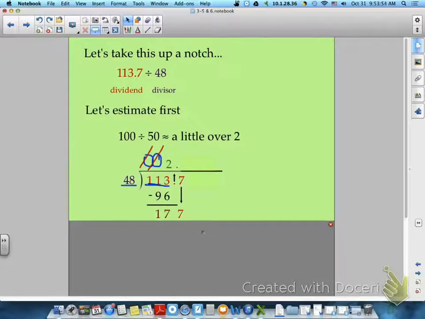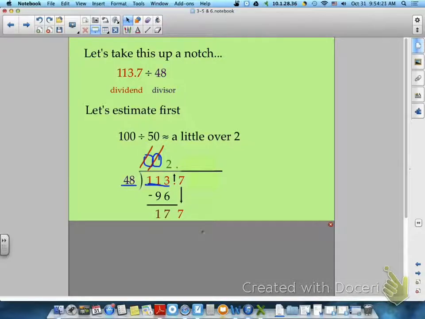And how many groups of 48 do we have in 177? Again, think 50. What is it? 3 times. 3 times, yes. Again, if you're wrong, you can always go back and erase it. That's why you have a pencil and an eraser, right?